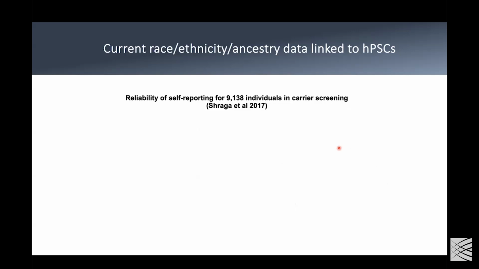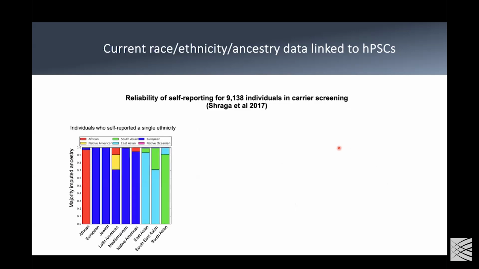It probably won't come as a surprise to this audience, but for individuals who self-reported with a single identity, when they then compared the major imputed ancestry, this was highly accurate for individuals of European descent, but things tended to break down in other categories. They had the interesting example of a breakdown for individuals identifying as East Asian, Southeast Asian, and South Asian. And they found that there was confusion about the terms for participants.